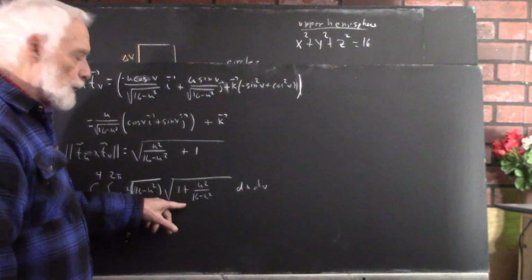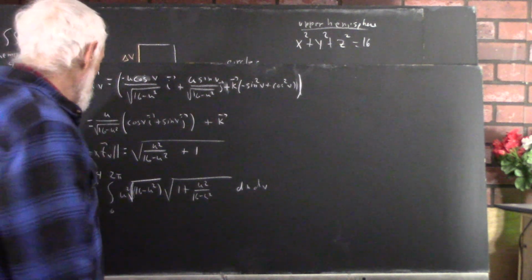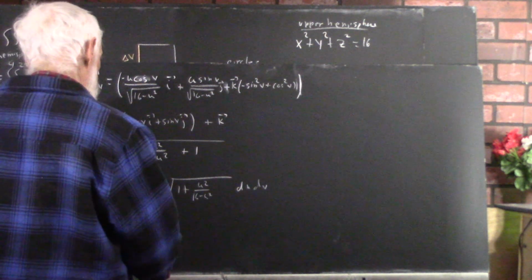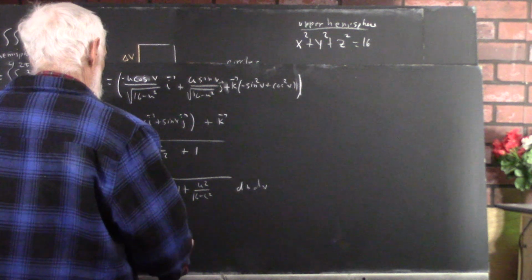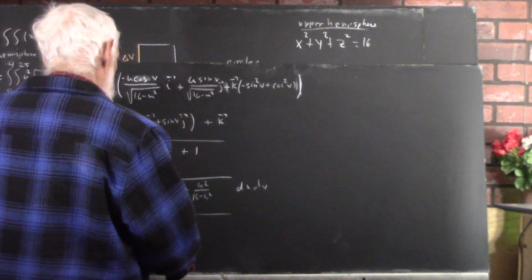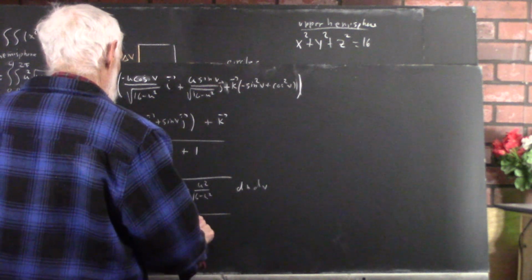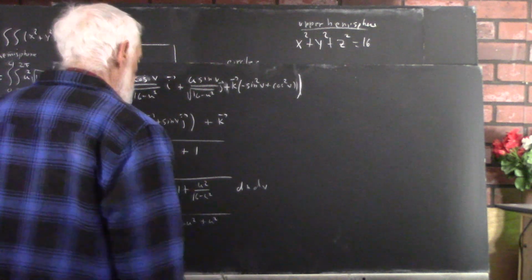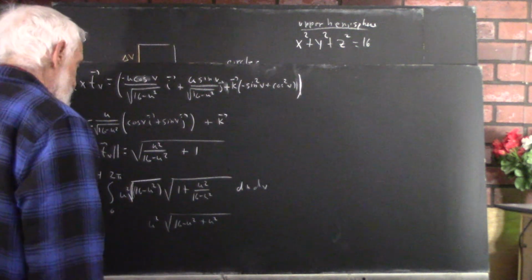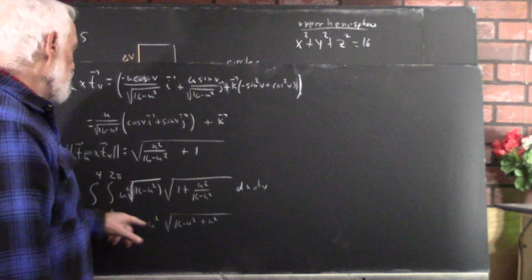You take this under the square root here, okay, this becomes u squared times the square root of 16 minus u squared plus u squared, which is very convenient because now you end up just integrating 4u squared.